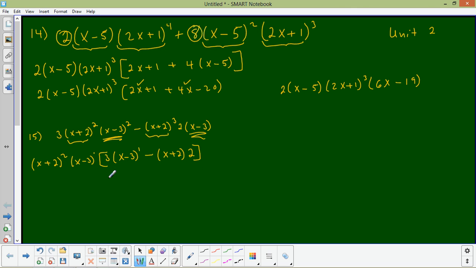Now, again, in the brackets, doing the elementary algebra that appears there, we get 3x minus 9, and we get minus 2x minus 4. And make sure you see where that's coming from. Of course, the 2 is being distributed, and so that's what's happening there.